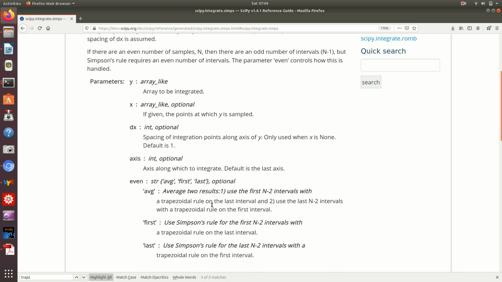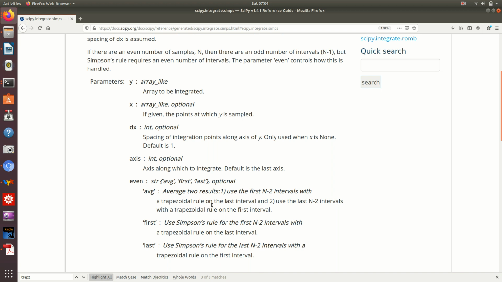So last and first are just ways of making an even number of intervals out of a potentially odd number of intervals given. Of course, if you have already given an even number of intervals, then this particular argument has no effect.